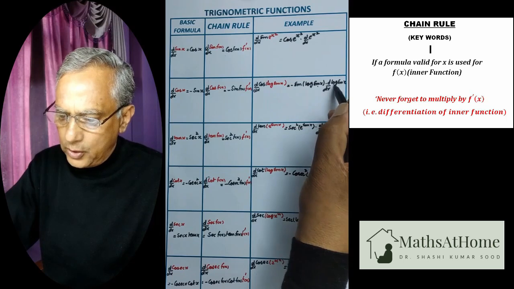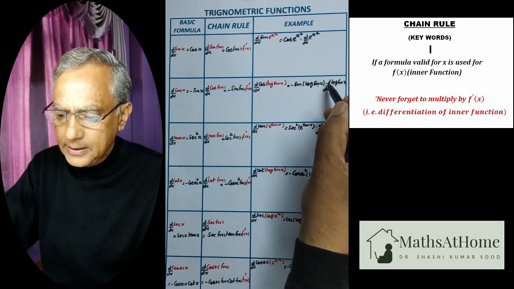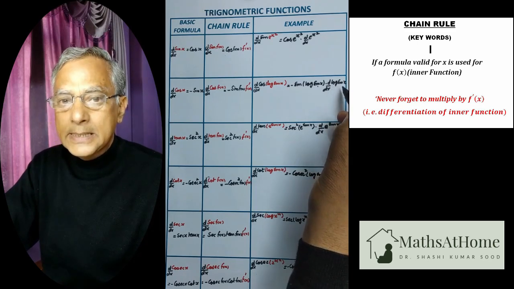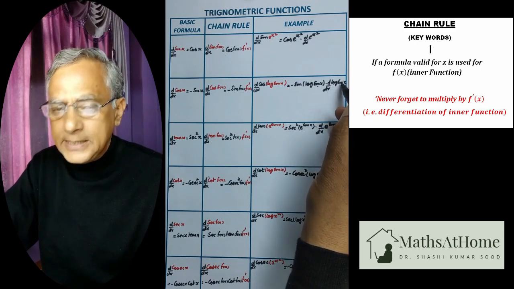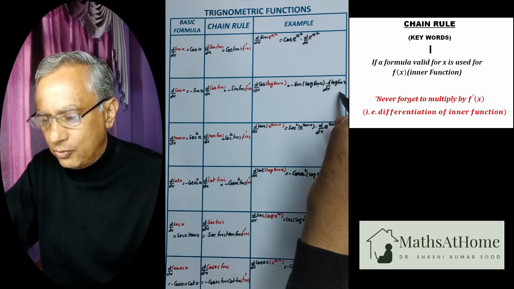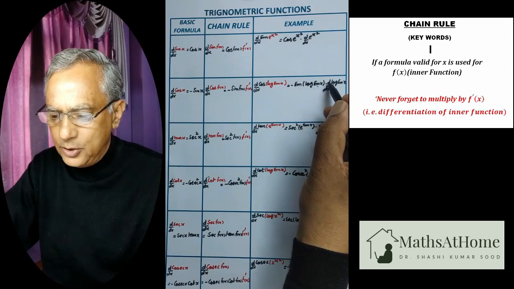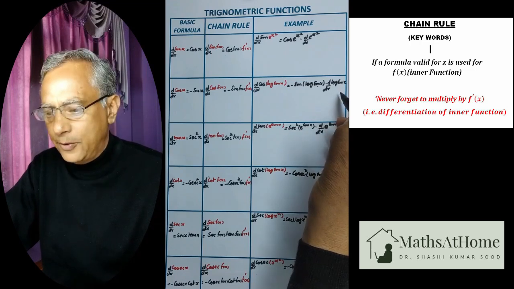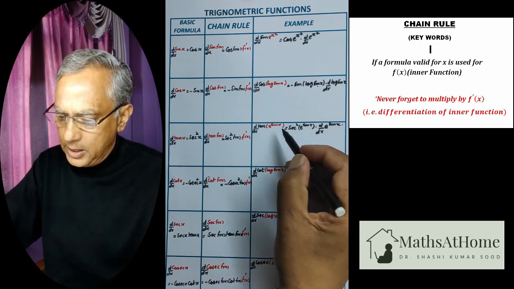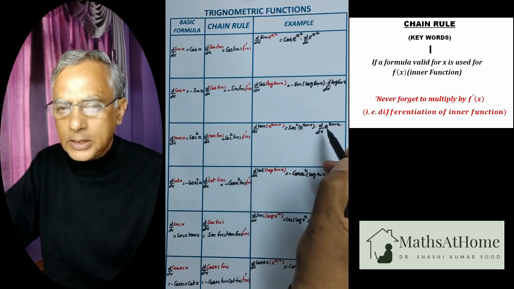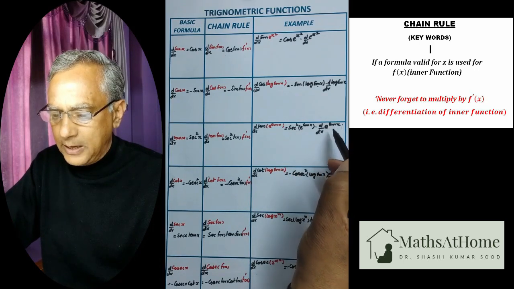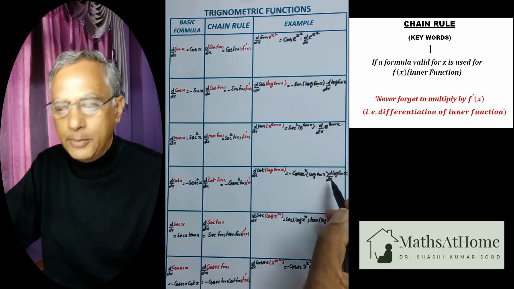Here also, d by dx of log sin x, we have to use the formula for log x, so fx is sin x. Again we will have to use chain rule. Once we used it here, but differentiation of the inner function again involves an inner function, so we will again use chain rule. In d by dx of e to the power of x, instead of x we have sin x, so again chain rule will be used.